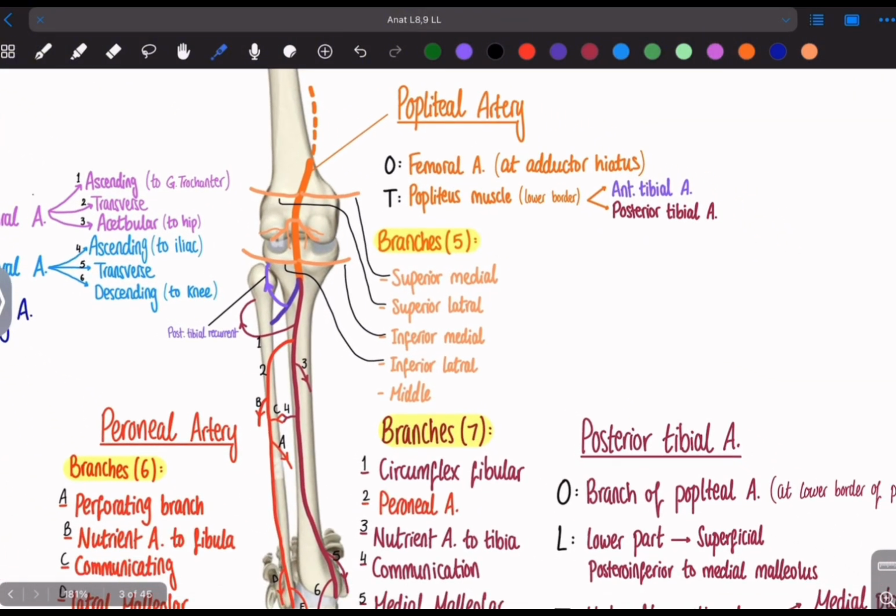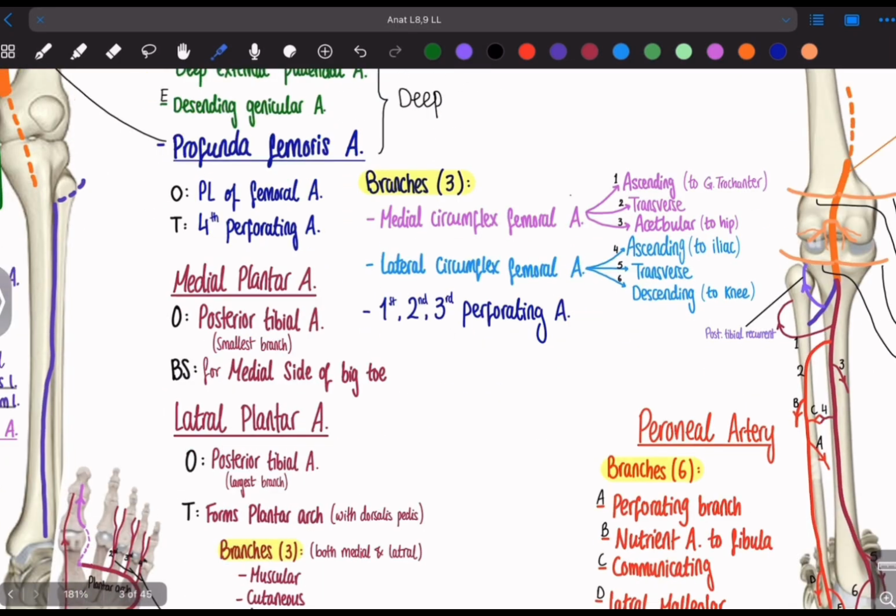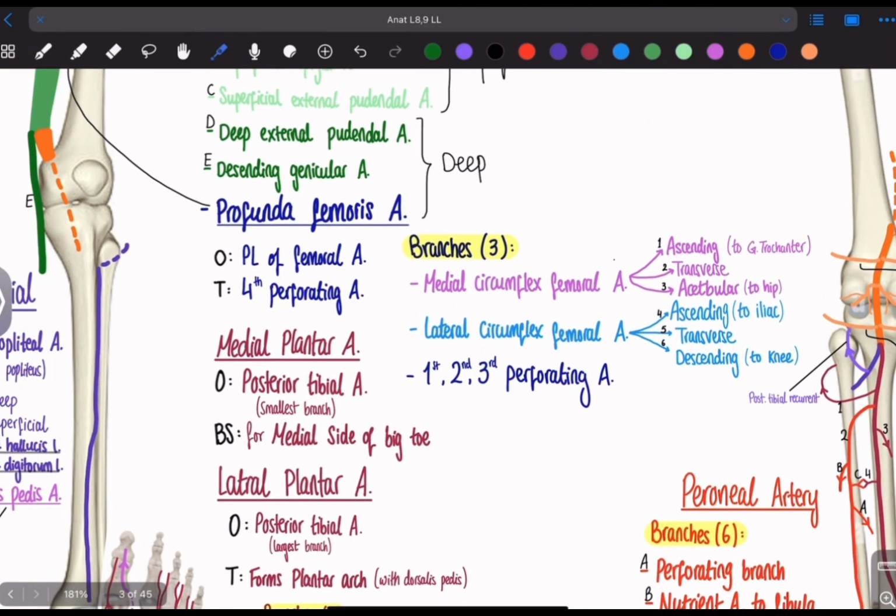Okay, posterior. So let's go see the popliteal artery. The popliteal artery is right here. So what's the origin for the popliteal artery? We just mentioned it. It's the femoral artery. Where exactly? At the adductor hiatus. Okay, I'm fixing any mistakes here, guys, so I'm sorry.